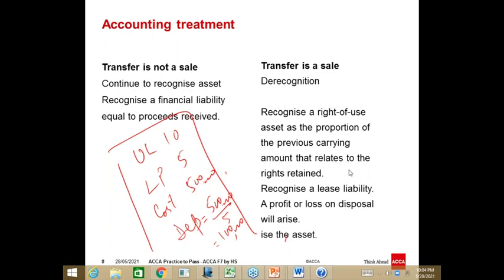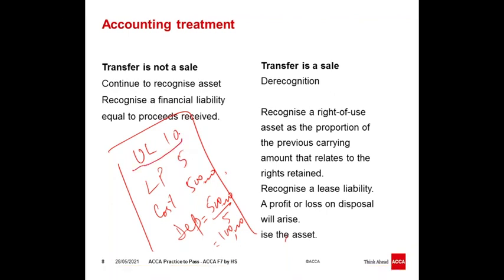But if it is mentioned in the question that the legal title of the asset will be transferred to the lessee at the end of the lease period, then the asset will always be depreciated over its useful life.